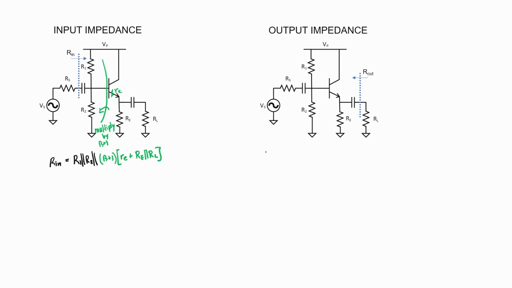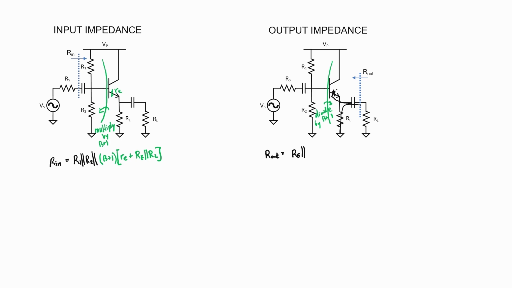Now for the output impedance. To get a proper expression for R sub out, we're going to have one branch going downwards through R sub E, and that's going to be in parallel with another branch that goes up through the emitter. We're going to have to then use impedance reflection to find out what that is.